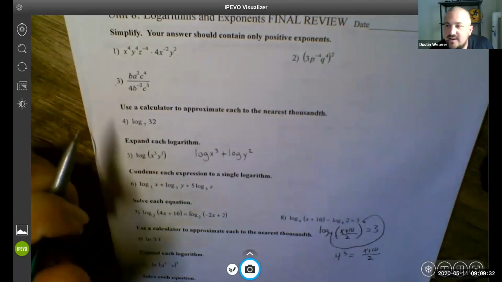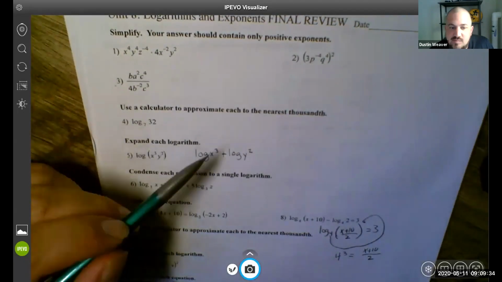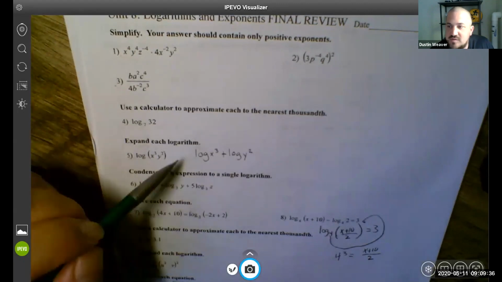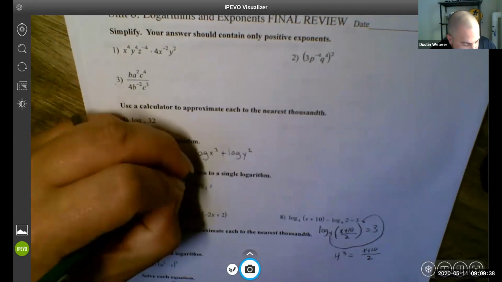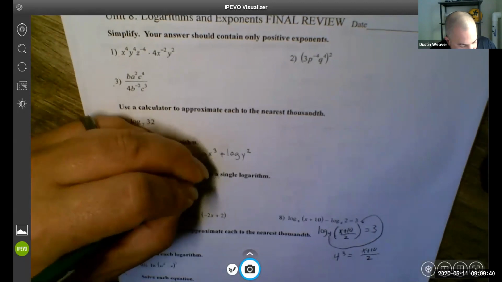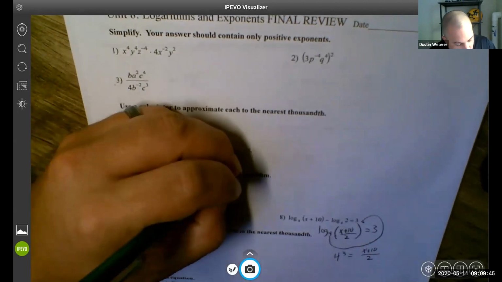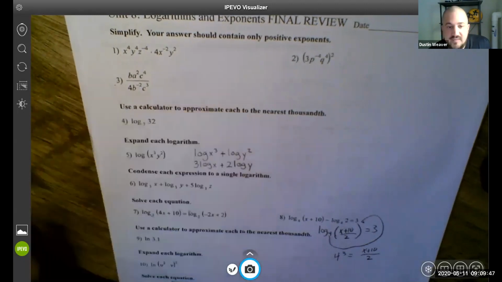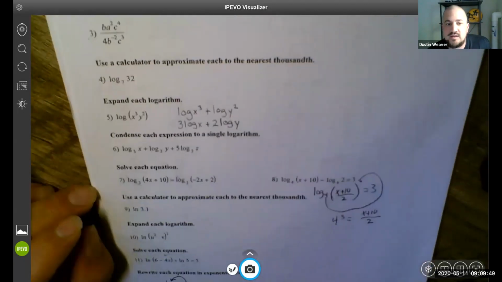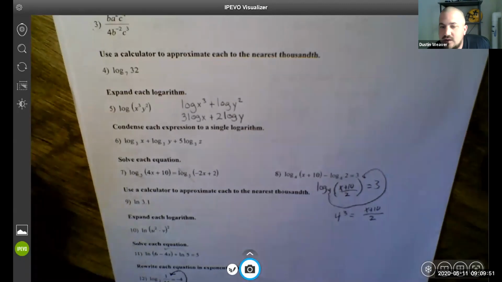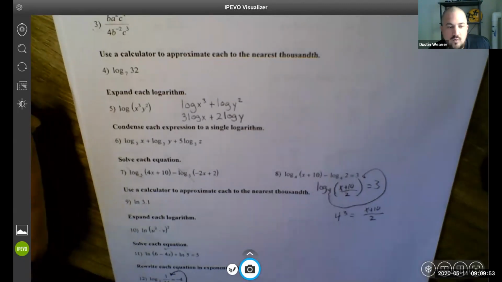And then when you're expanding, you cannot have any exponents. So expanding means you have to move the number in front. So it would be 3 log x plus 2 log y. That would be number 5. Final answer would be 3 log x plus 2 log y.